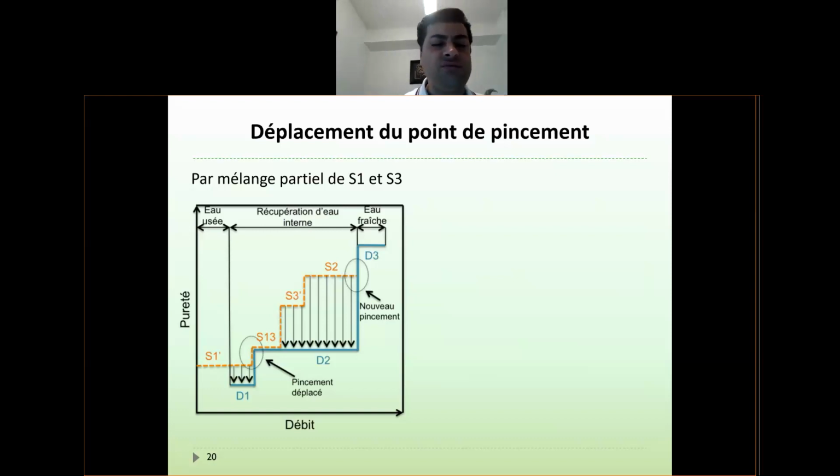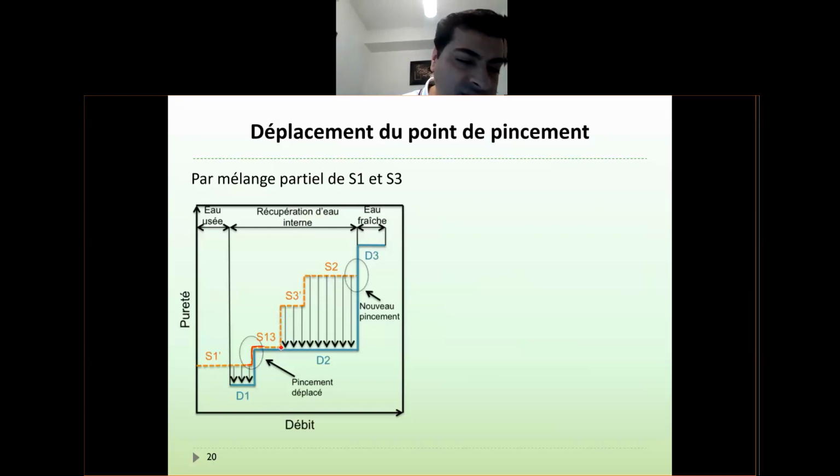One thing is like what I'm showing you here. If you mix S1 and S3 a little bit together, so that the concentration in S1 increases and concentration in S3 decreases, you end up with this zone here.